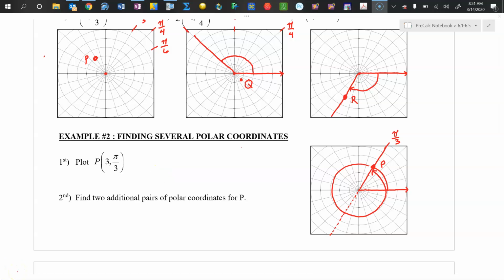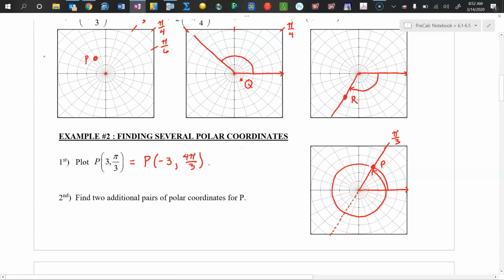Some examples of points that are exactly the same location as point P, or another way of putting it, other ways of labeling point P, would be the following. Let's say we want to use a negative directed distance, then we would have to be 180 degrees opposite point P. For example, if we were to add pi radians to our directed angle of pi over 3, we would have pi over 3 plus 3 pi over 3, which would be 4 pi over 3.